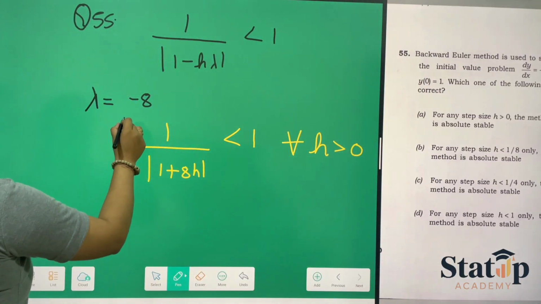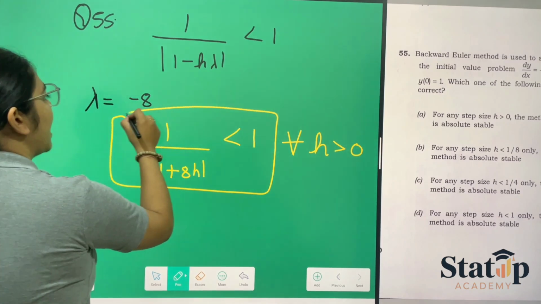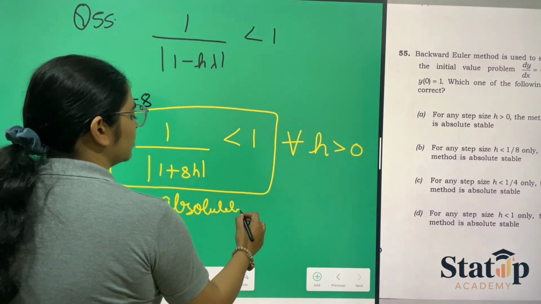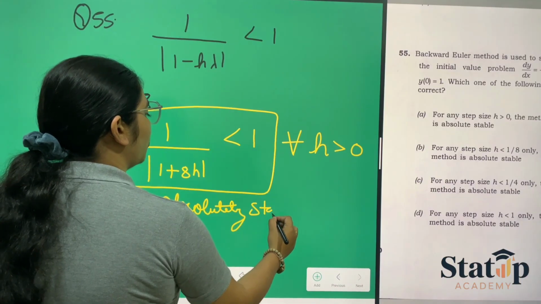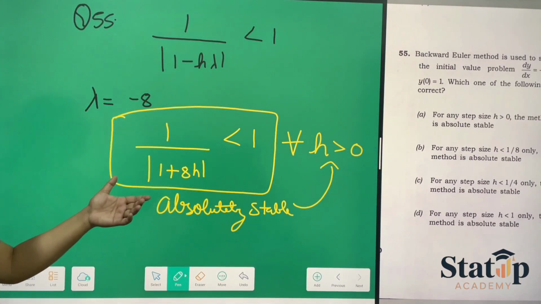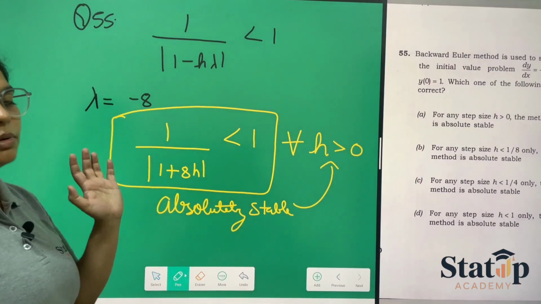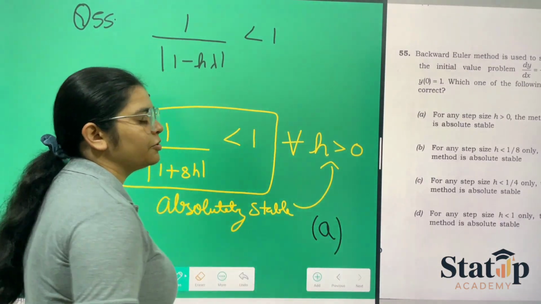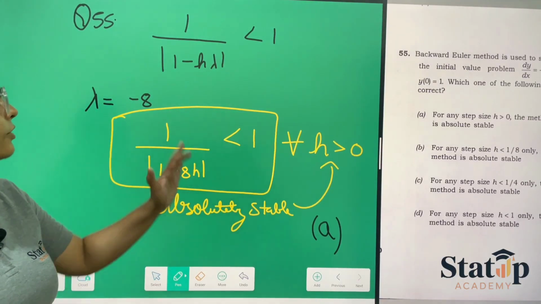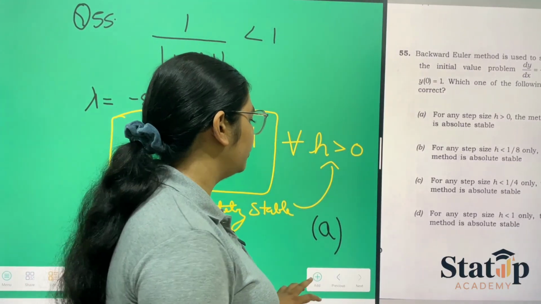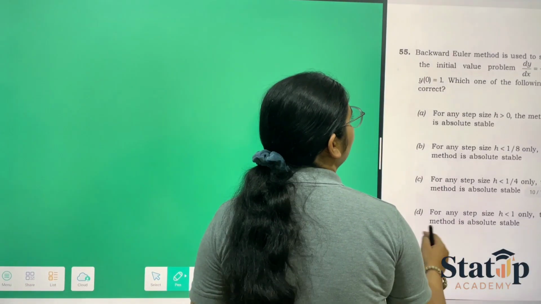So this term is absolutely stable only and only if h is greater than 0. If h is greater than 0, then only this is absolutely stable, otherwise not. So our option number A is the correct option for this question. I hope that it is clear. This was just a concept based question, nothing to do here numerically.